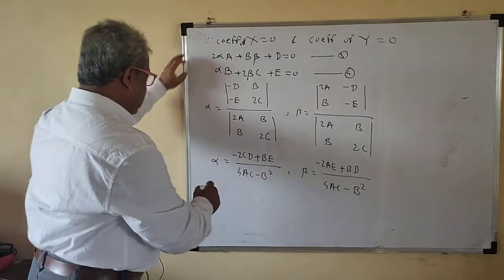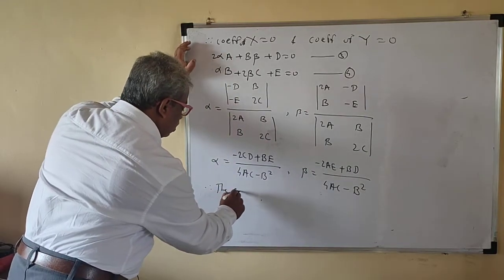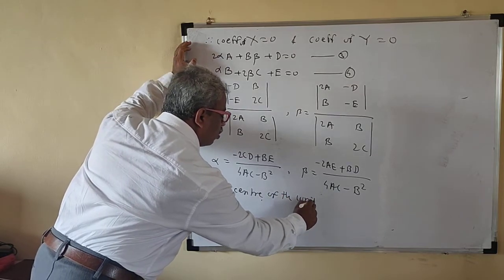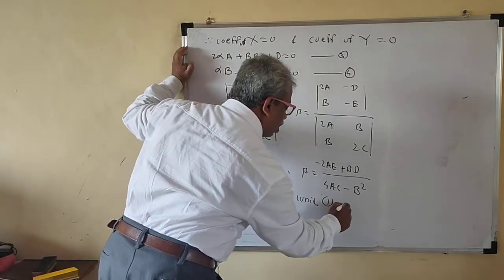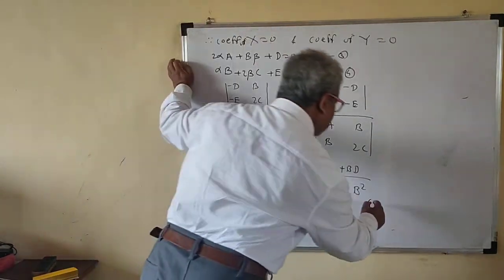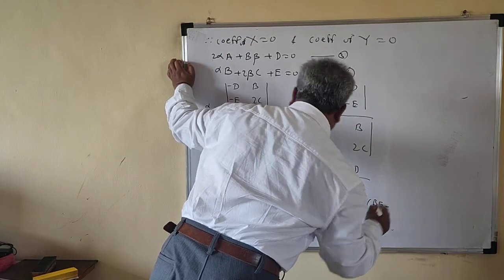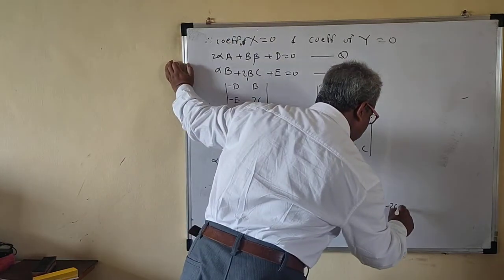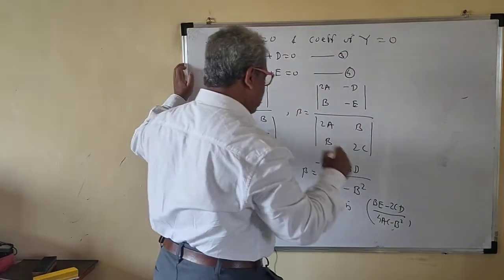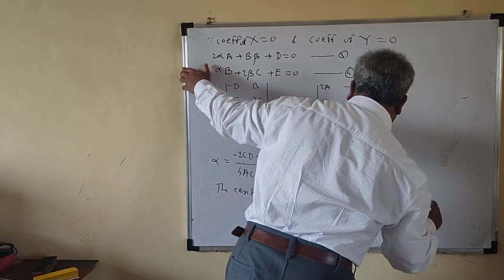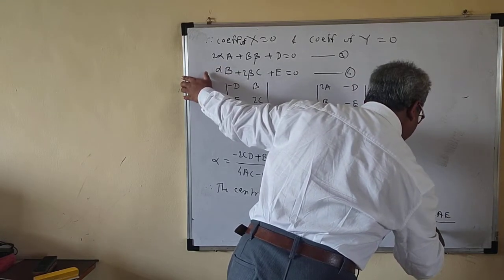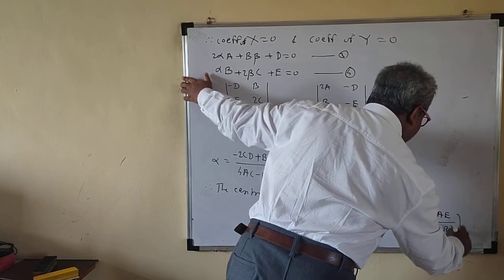Okay, so therefore the center of the conic is, in terms of this, be minus twice cd upon 4ac minus b square, then bd minus twice ae upon 4ac minus b square.